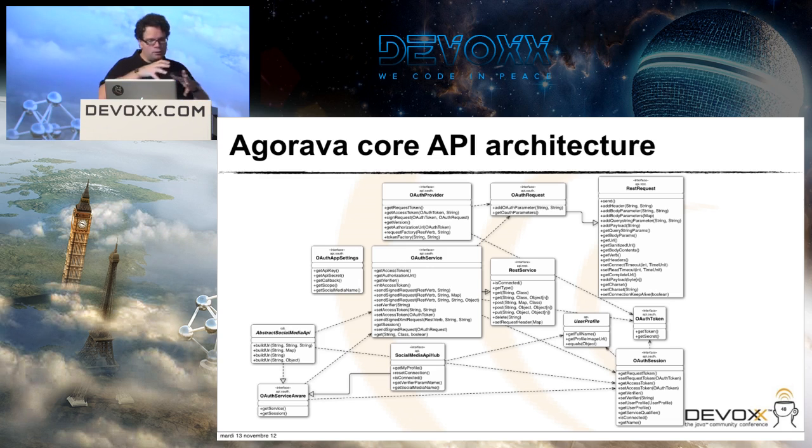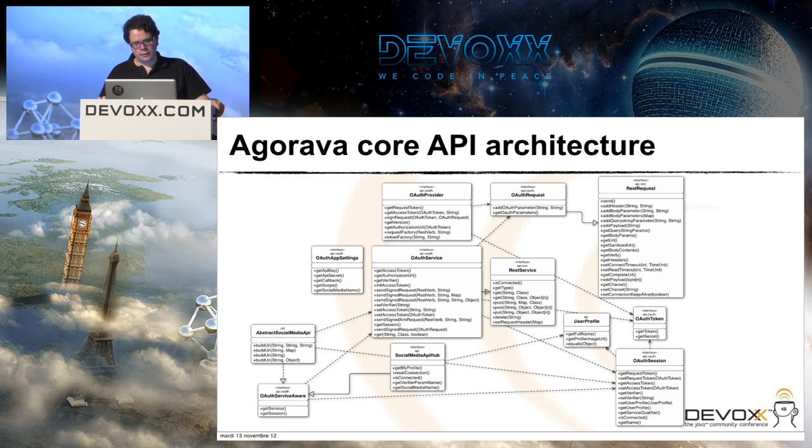Now we are going a bit deeper. We have the most important class in the API here. In the center of Agorava is the auth service that is the class that manages all the exchange with the social media.